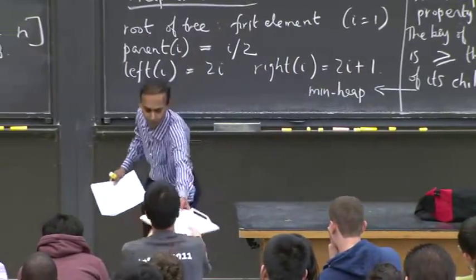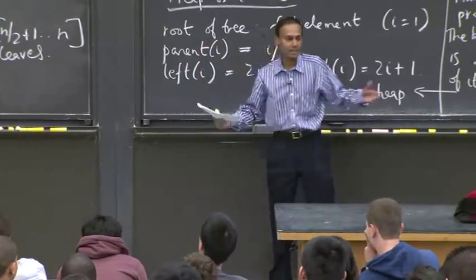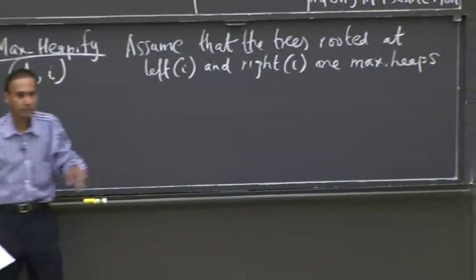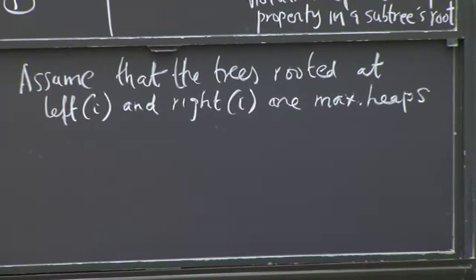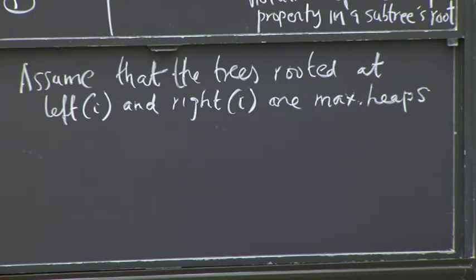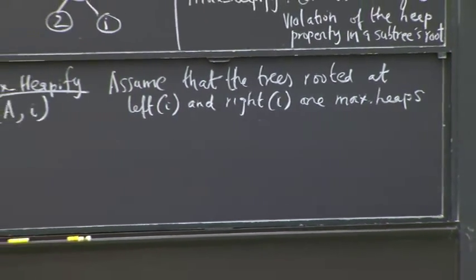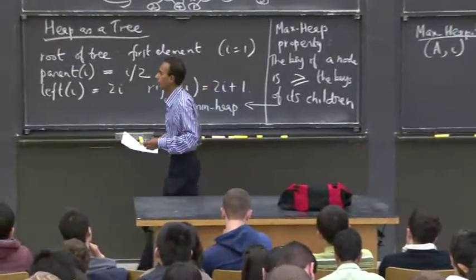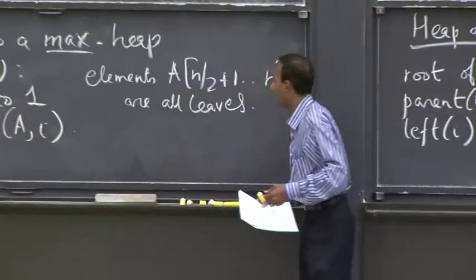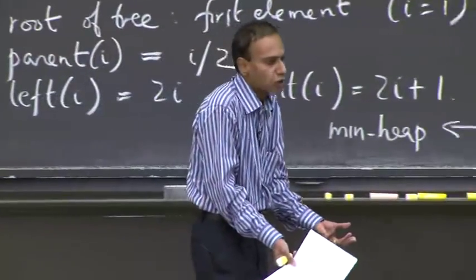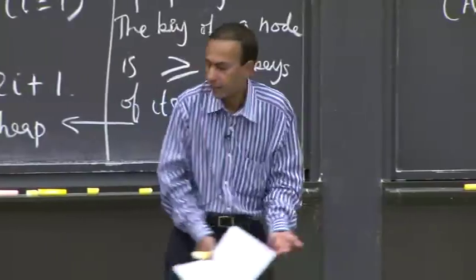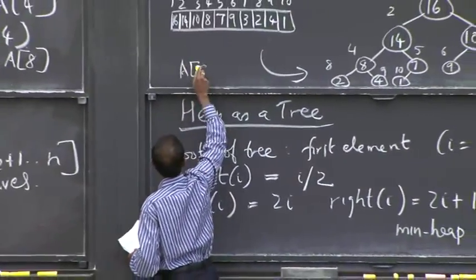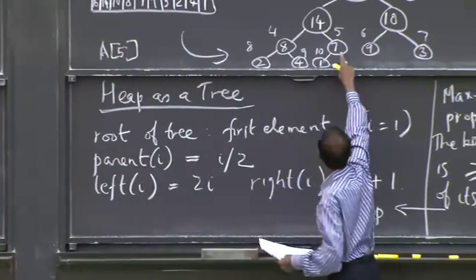So that's it. The reason this works is because you're calling max-heapify multiple times, but every time you call it, you satisfy the precondition. And the leaves are automatically max heaps. When you start with n/2, you're going to see 2 leaves as your children for the n/2 node. Just pick an example here. n/2 is A[5].